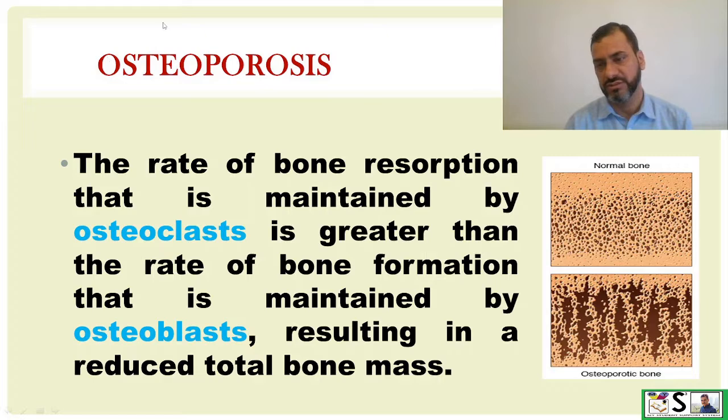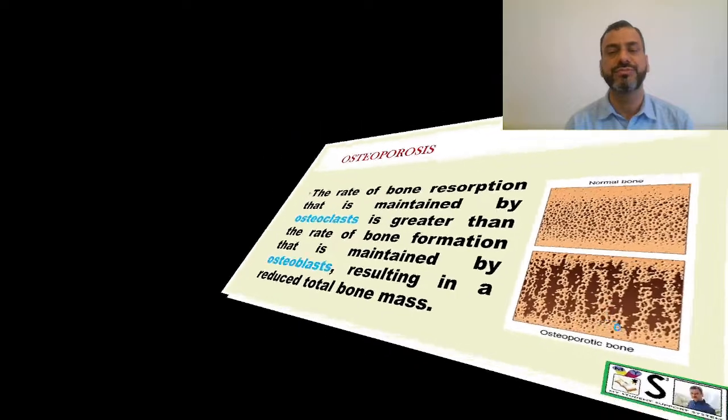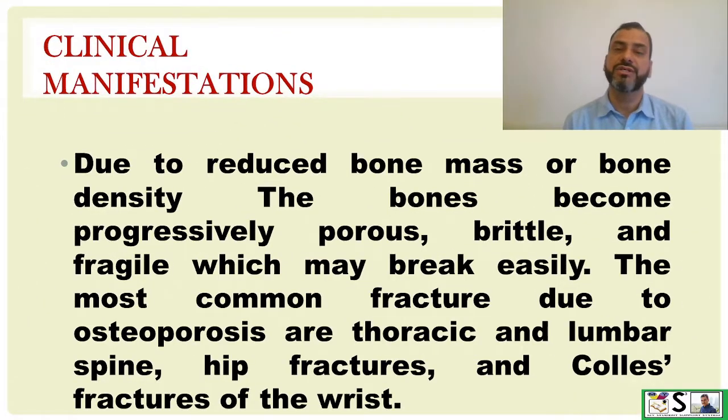Here you can understand by this picture, this is normal bone, but this is osteoporotic bone. Bone mass is very less. What clinical manifestations arises due to osteoporosis?